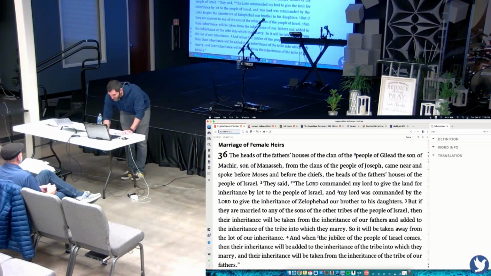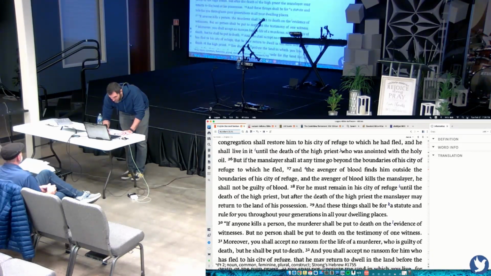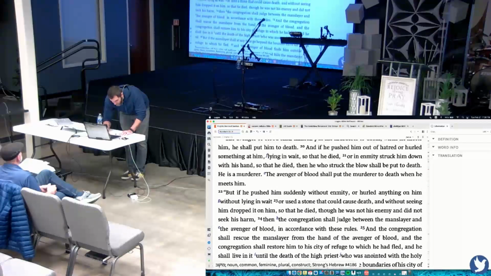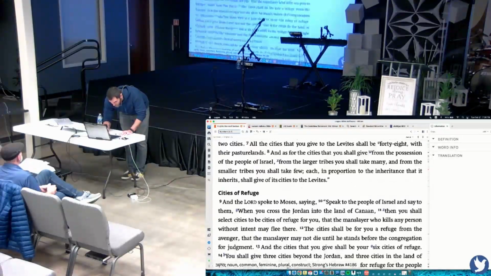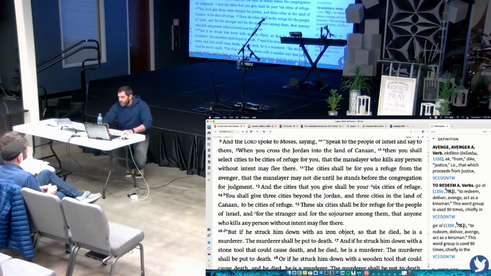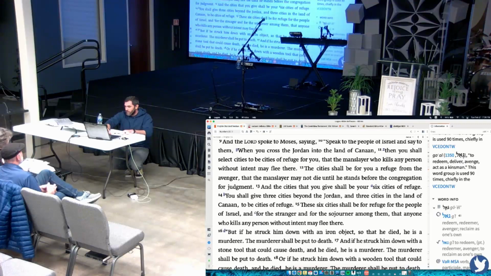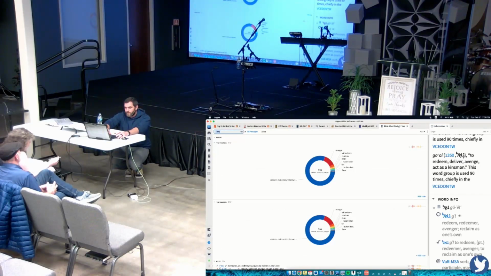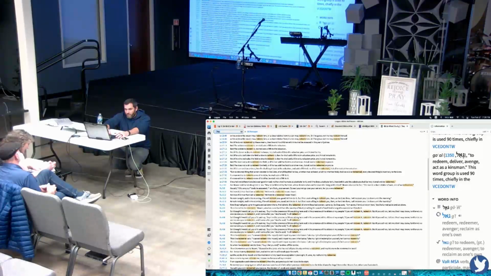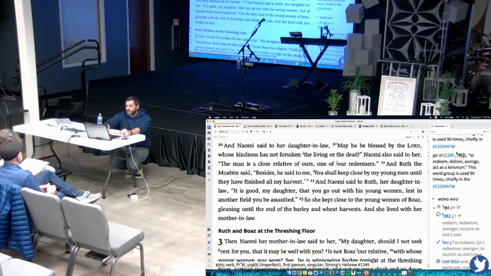Okay, so the Avenger of Blood. Goel means Redeemer. Verse 12. Refuge, Avenger. If I pull up Goel on the Bible Word Study and look at where it shows up, this is Ruth chapter 2.